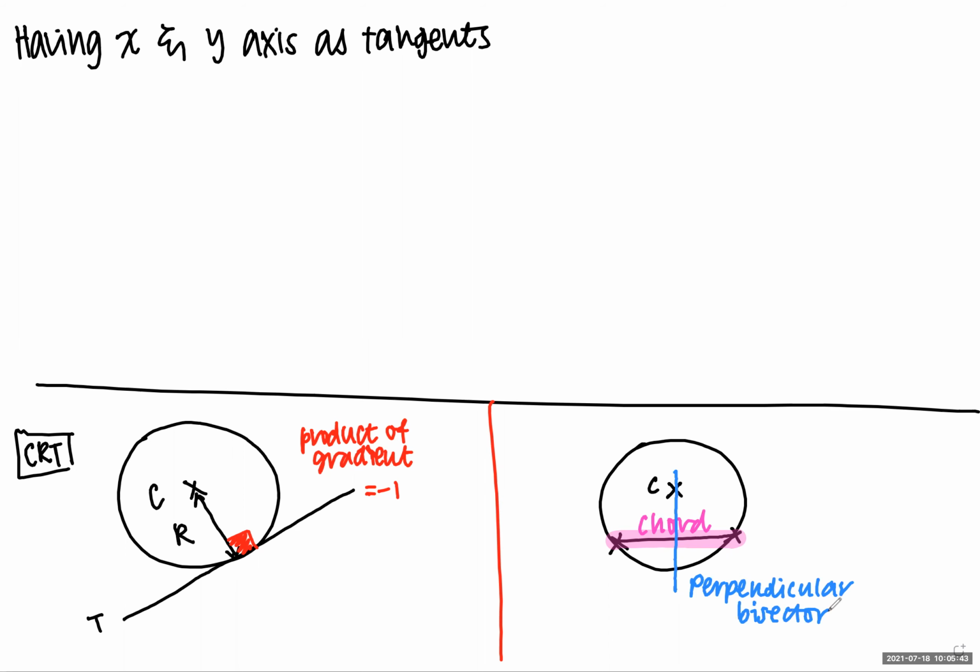There are two concepts we'll know already. Number one, there's a 90 degrees, which means the product of gradient is also -1.